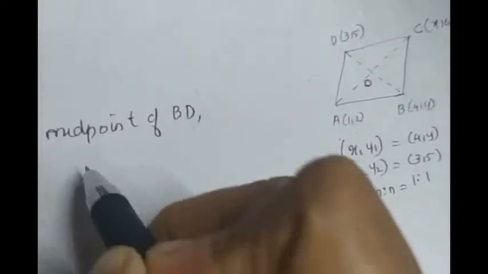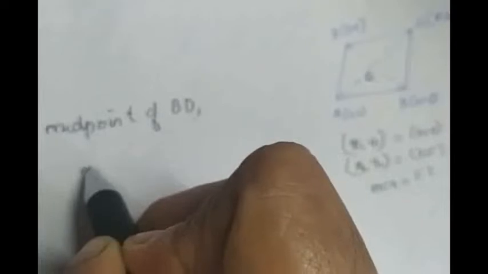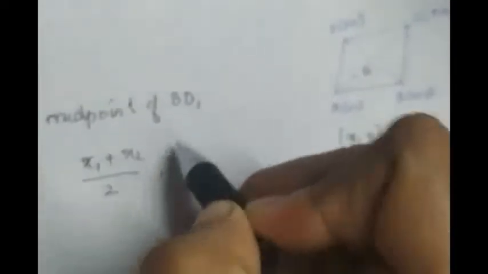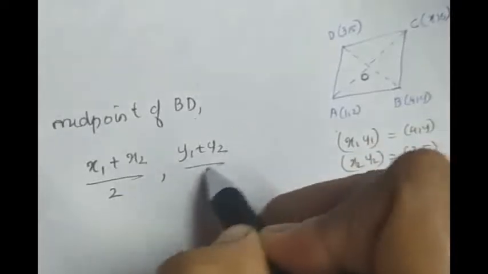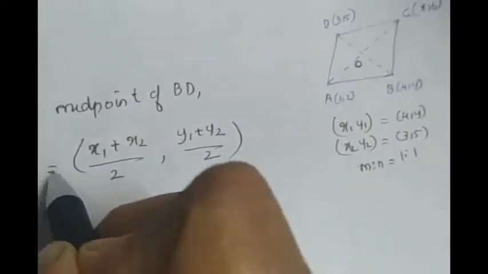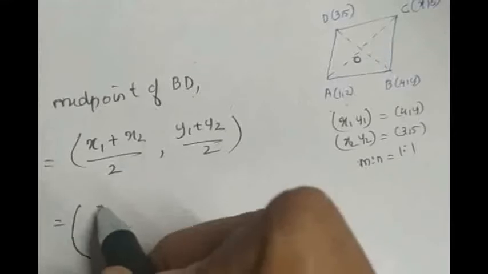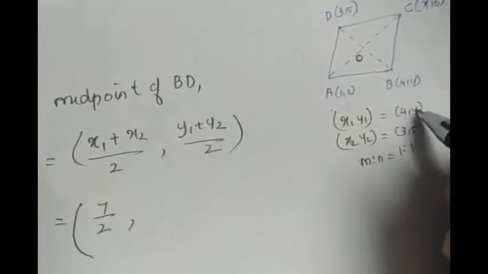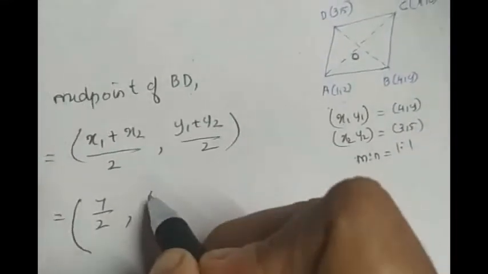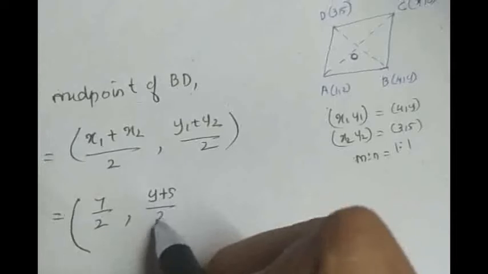Midpoint of BD is also O. So it is (x1 plus x2) by 2, (y1 plus y2) by 2, which is (4 plus 3), 7 by 2, (y plus 5) by 2.